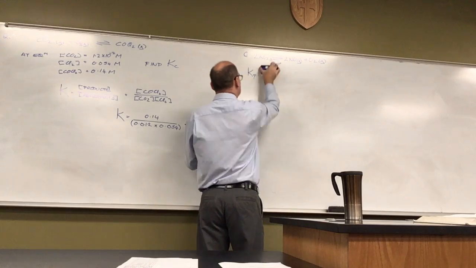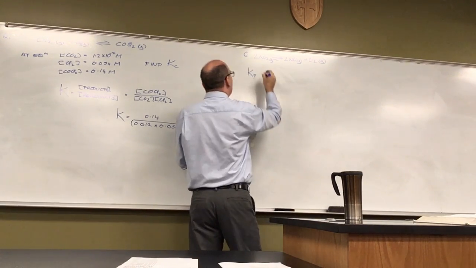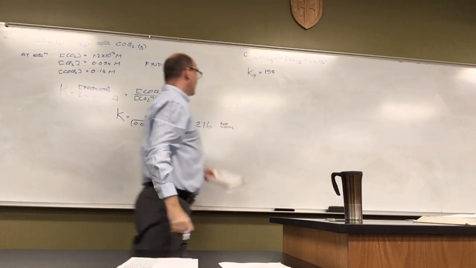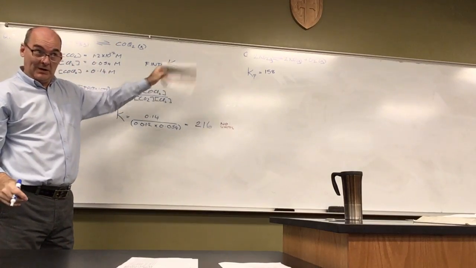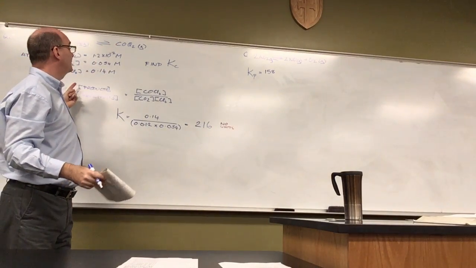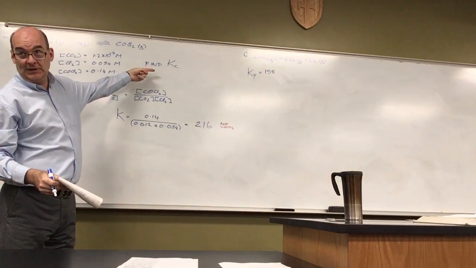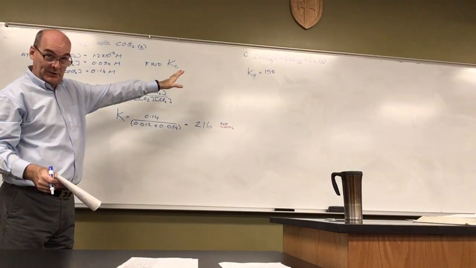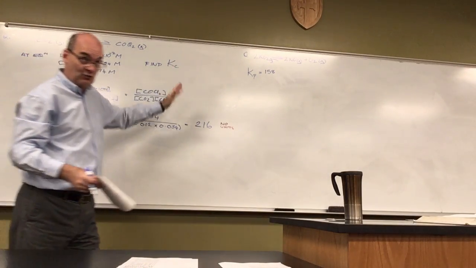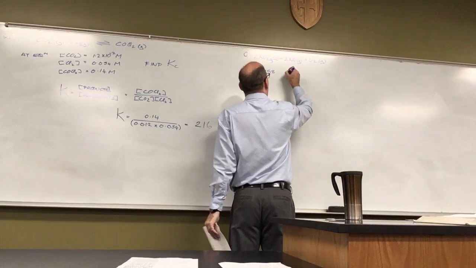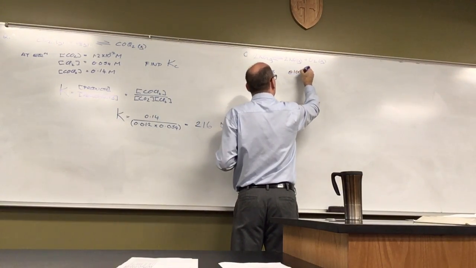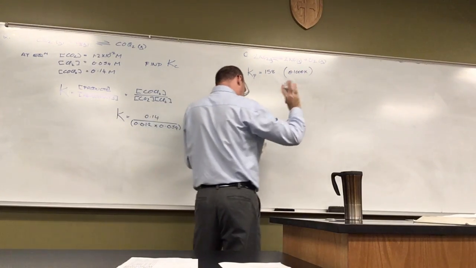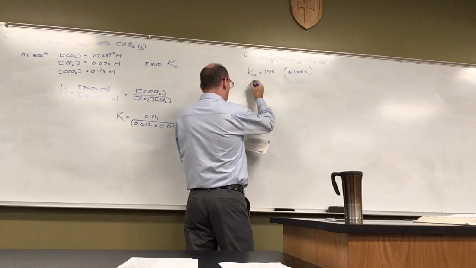I gotta tell you, the value of the equilibrium constant is 158. So 216, 158, both in the same ballpark, telling me what? Product is favored. These reactions make product. The equilibrium is to the right-hand side. That has to be quoted at a temperature, but it's unnecessary for calculation.